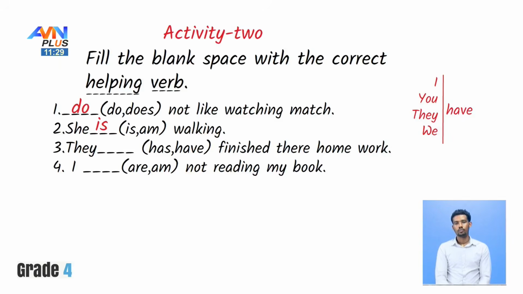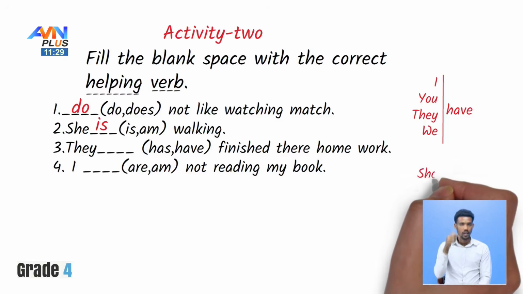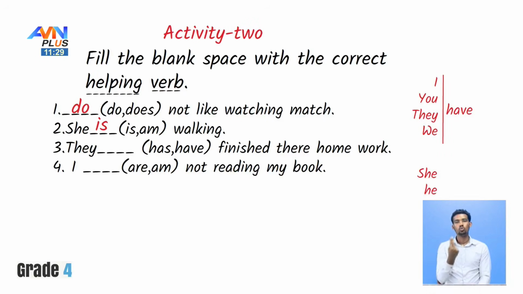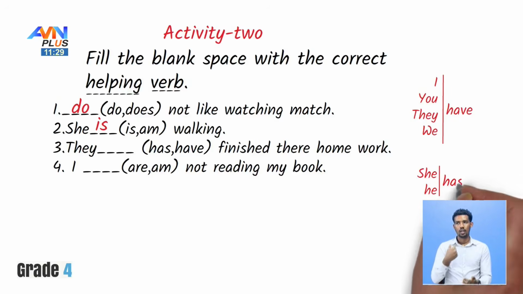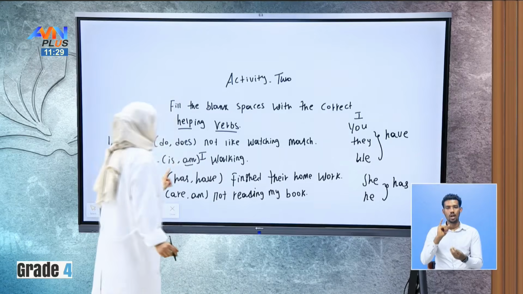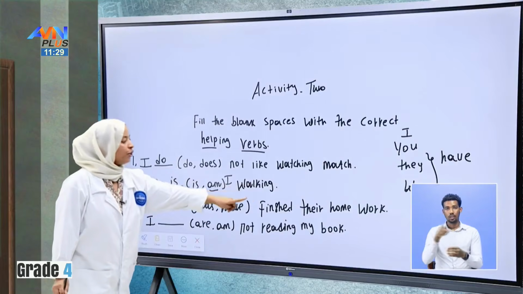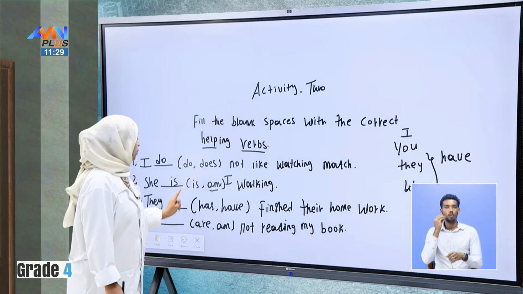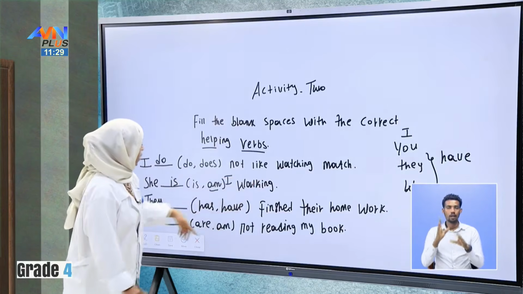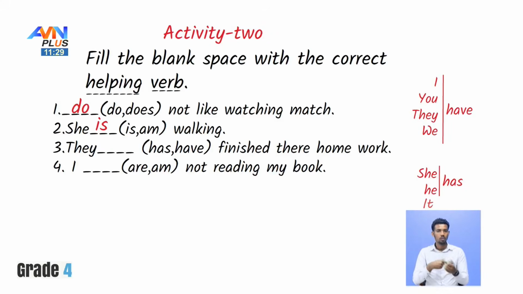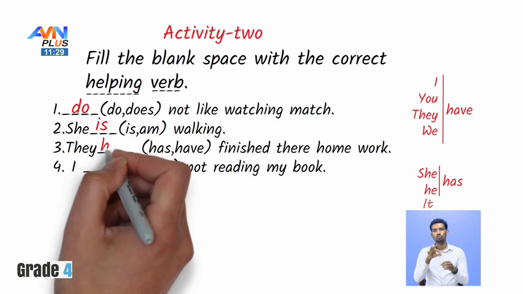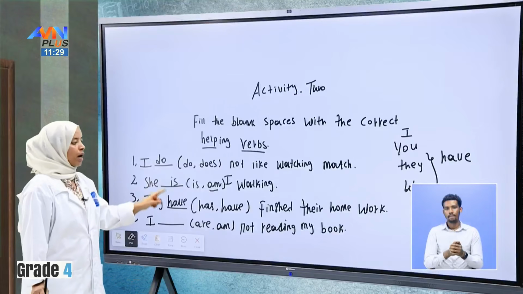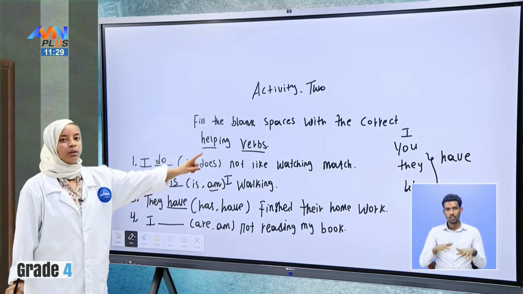For she and he we can use what? Has. And also we can add I here. So they have finished their homework. They blank finished their homework. So you can put what? Have. Bravo. They have finished their homework.